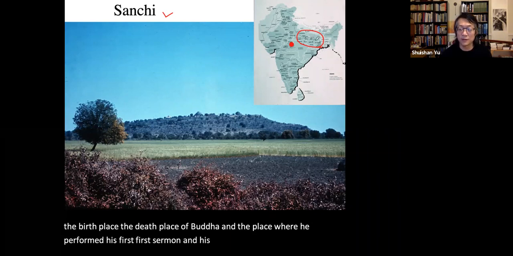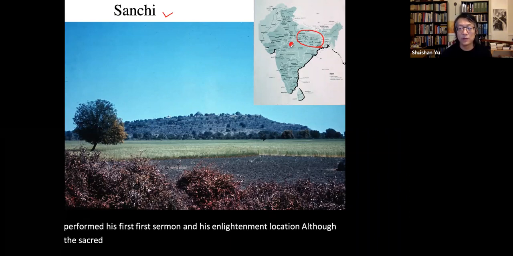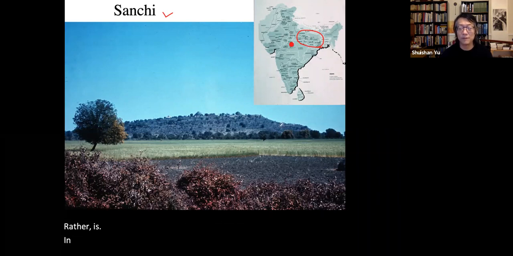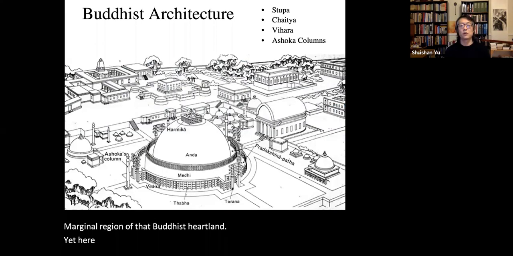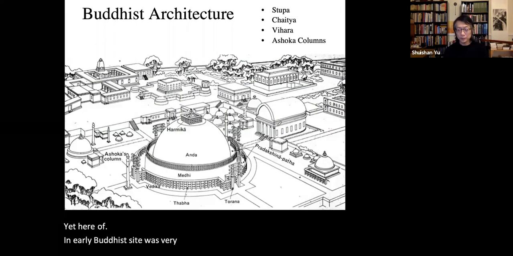All those sacred Buddhist sites are located here. Sanchi rather is in the marginal region of that Buddhist heartland. Yet here, an early Buddhist site was very well preserved.